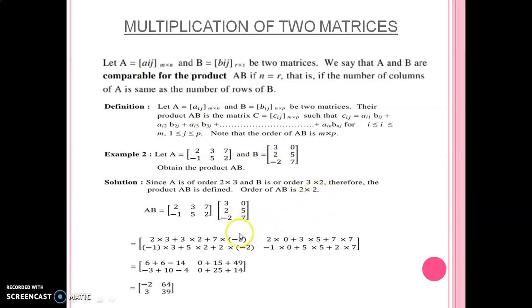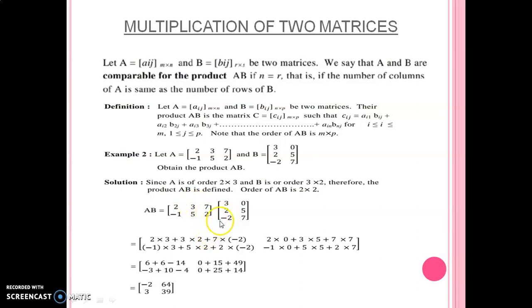For multiplication, we need to choose the first row of matrix A and the first column of matrix B. We'll multiply the corresponding entries in both this row and column, that is 2 into 3, and add the next corresponding multiplication of the two entries, that is 3 into 2.